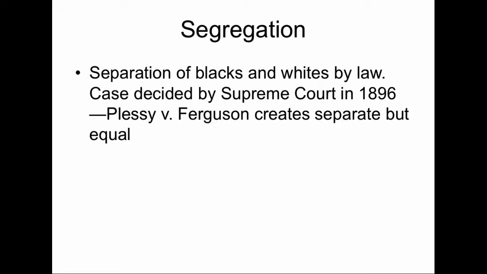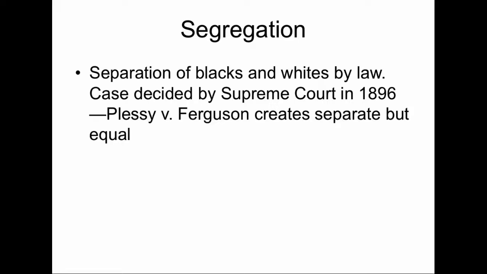Well, eventually Homer Plessy is going to sue, and his lawsuit is going to go to the United States Supreme Court. So in 1896, we get the test case on whether segregation is a legal principle in America or not. And in that particular case, the United States Supreme Court sided with Ferguson, and Homer Plessy is going to lose his case.